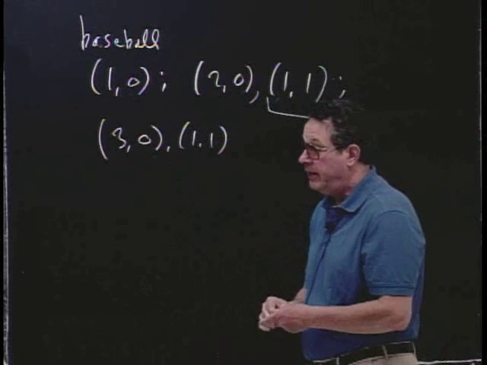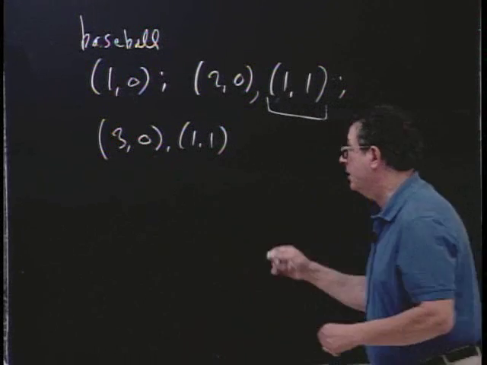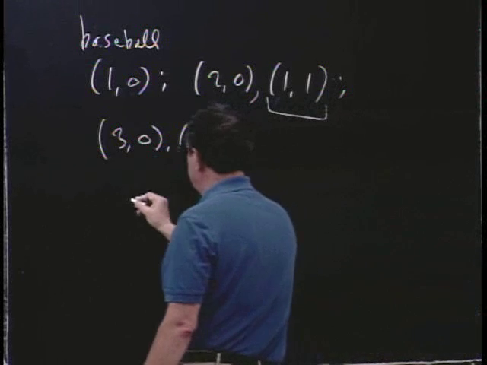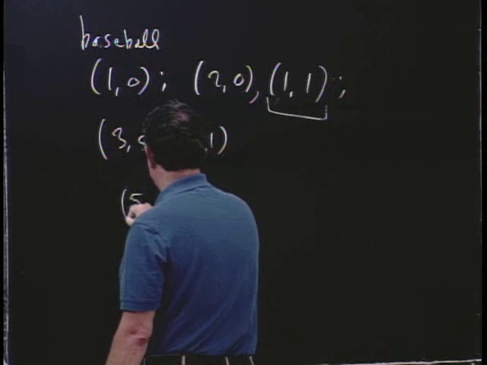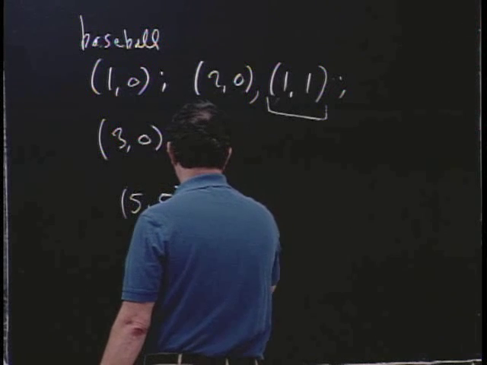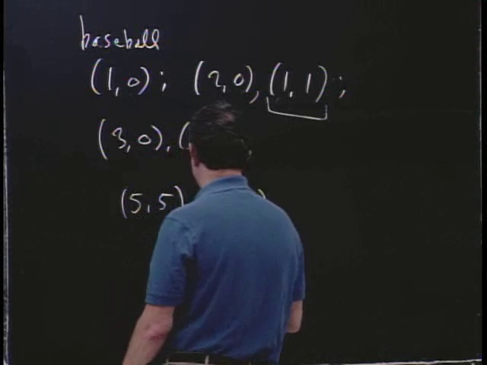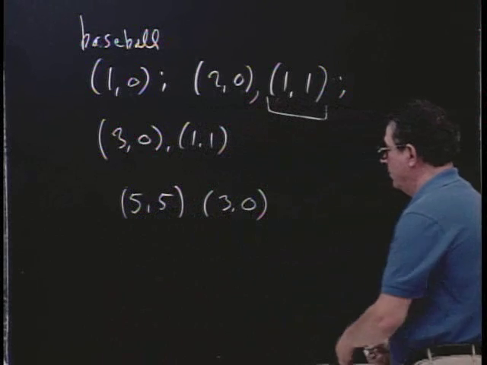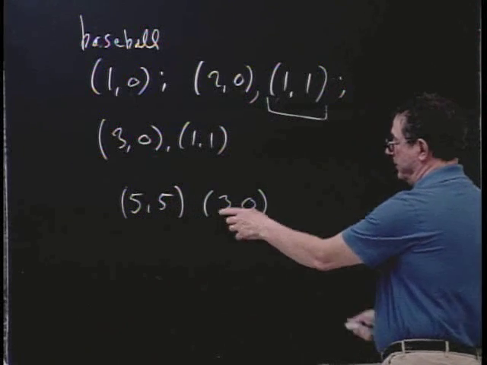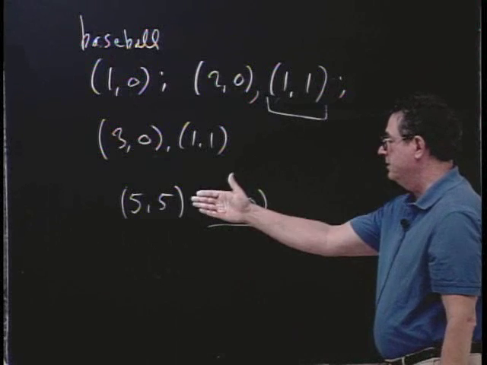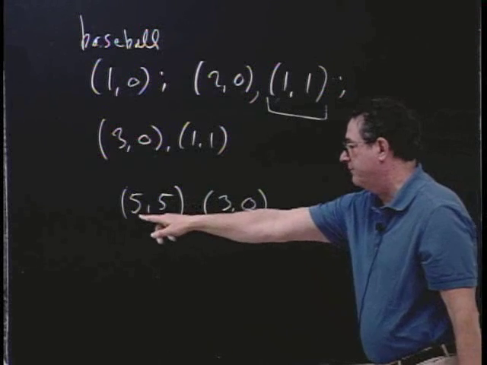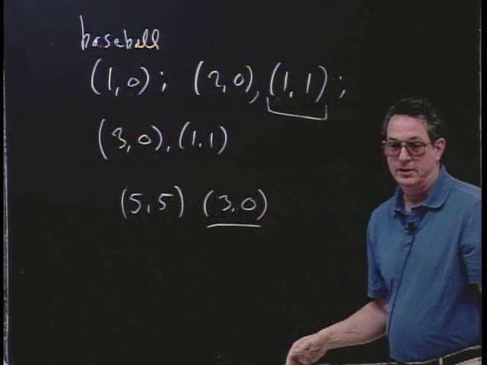I could imagine, however, let's say we had one where you had a 5-5 and, I don't know, a 3-0. So when you're here, one team's getting 3 and one team's getting 0, and then in order for one team to get 5, the other team also has to get 5.